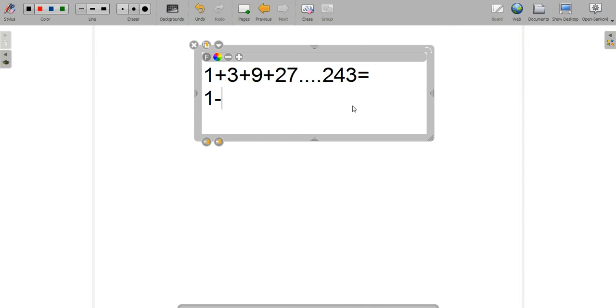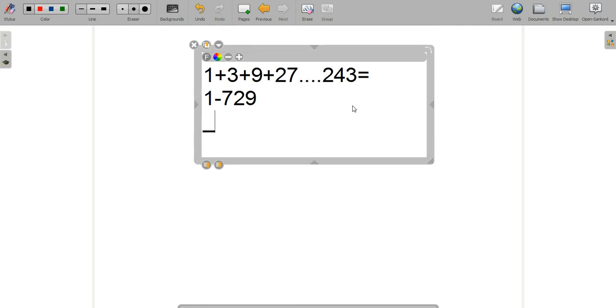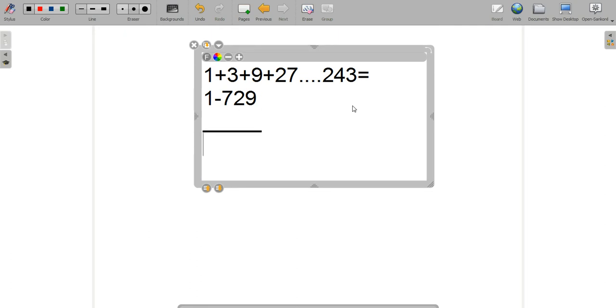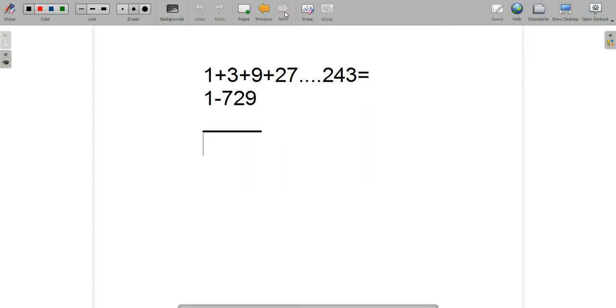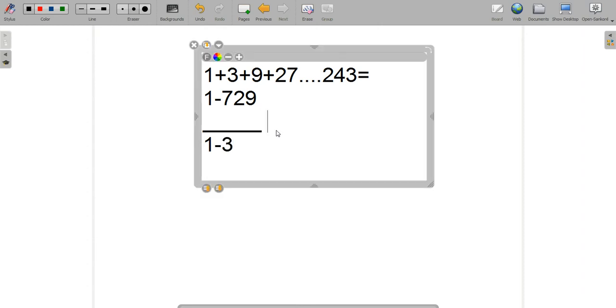Minus 729. And then you're going to divide that by, what was the formula again? 1 minus r, which is 1 minus 3. So what does this give us? It gives us 728 divided by 2, which is 364.